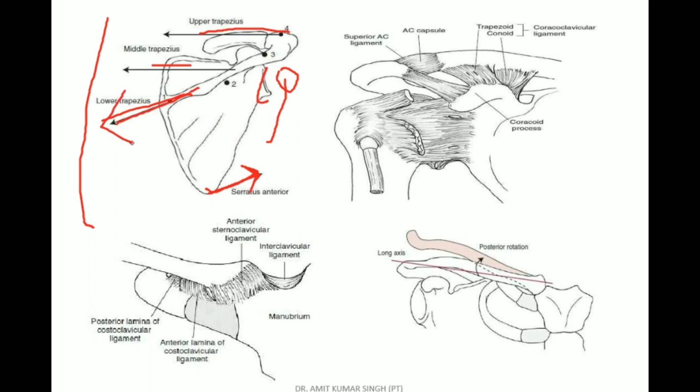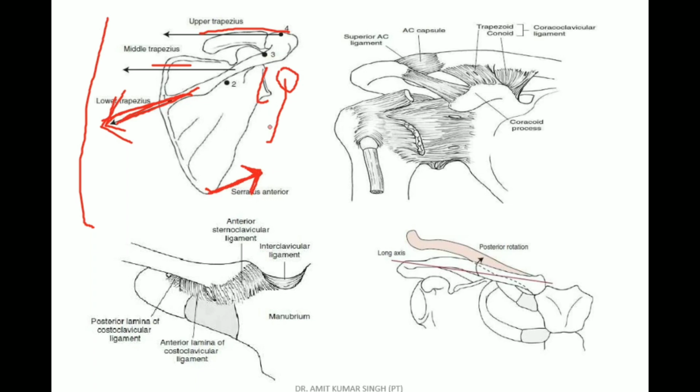So trapezius and serratus anterior are going to give a pull in this direction, that is, in opposite directions. Trapezius will try to pull in the lower medial direction, and serratus anterior will try to pull in the lateral direction. This is the way the initiation of the movement will start. This was the first point, and we will get the upward rotation of scapula.